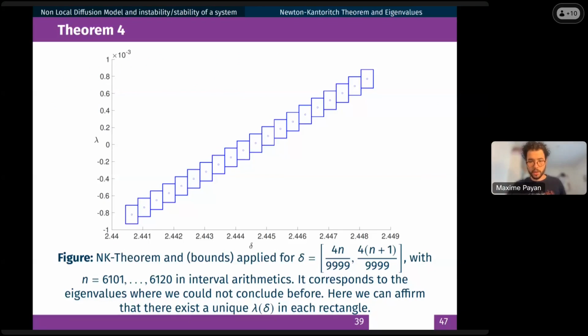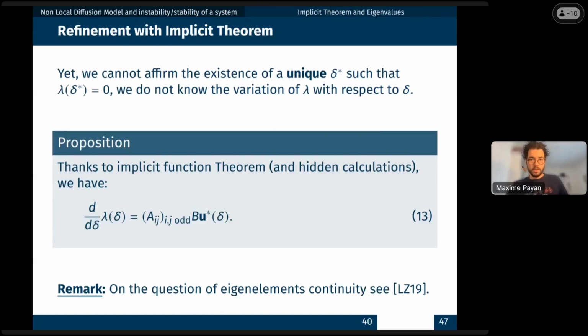We need to understand something more on the behavior of the first eigenvalue with respect to delta. And the third idea is the implicit function theorem. Thanks to the implicit function theorem and some calculations, we can write the derivative of the first eigenvalue of m with respect to delta, and we have this simple expression.